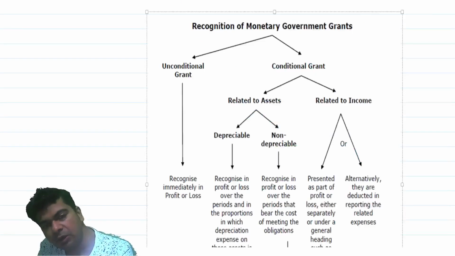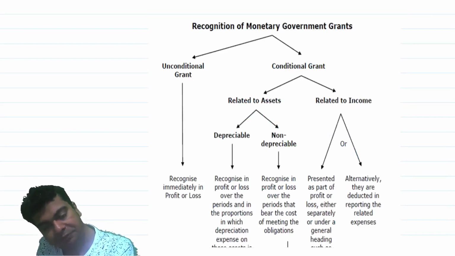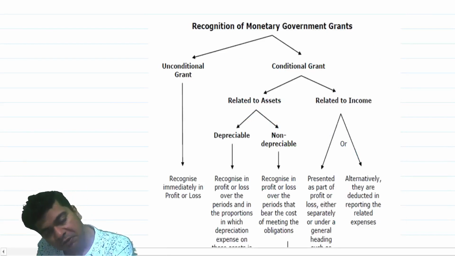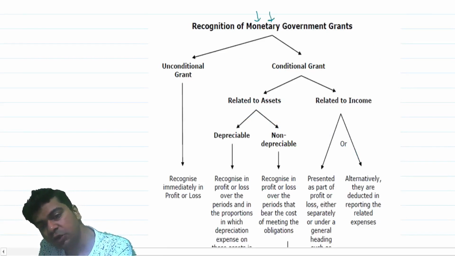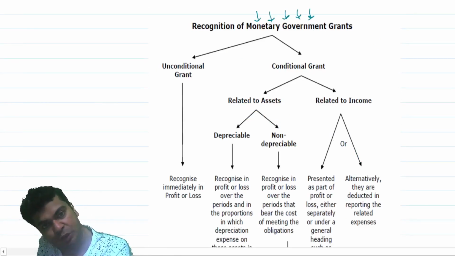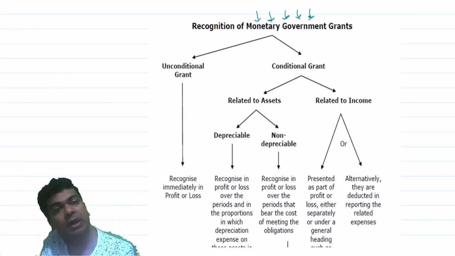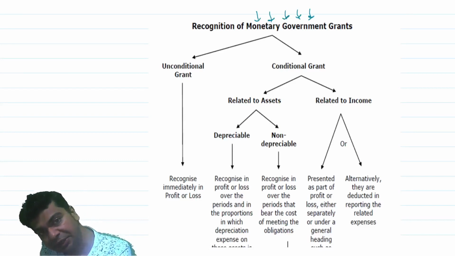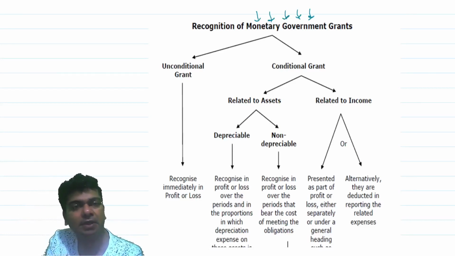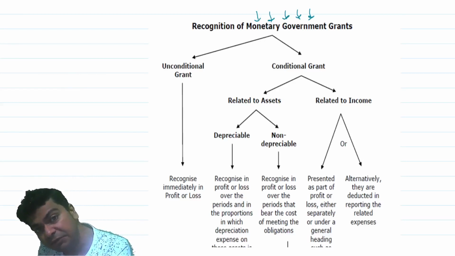Let us understand now what shall be the accounting treatment of the government grants. We are taking into consideration the recognition of monetary government grants. Earlier in the definition of government grant itself, we had understood that government is normally providing you a grant because certain conditions were fulfilled by the entity in the past, or certain conditions will be fulfilled by the entity in future.